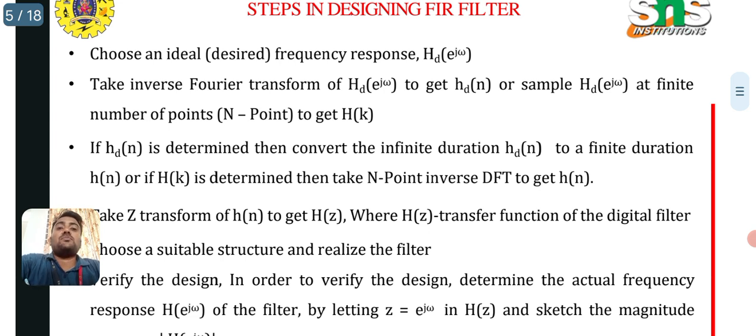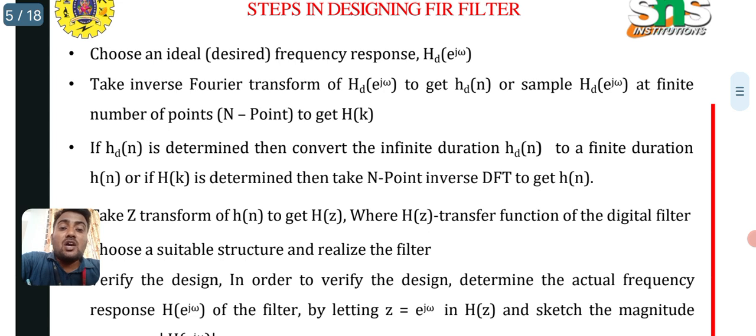Choose an ideal frequency response, which is represented by H_d(e^{j omega}). Second step, take the inverse Fourier transform to get h_d(n).